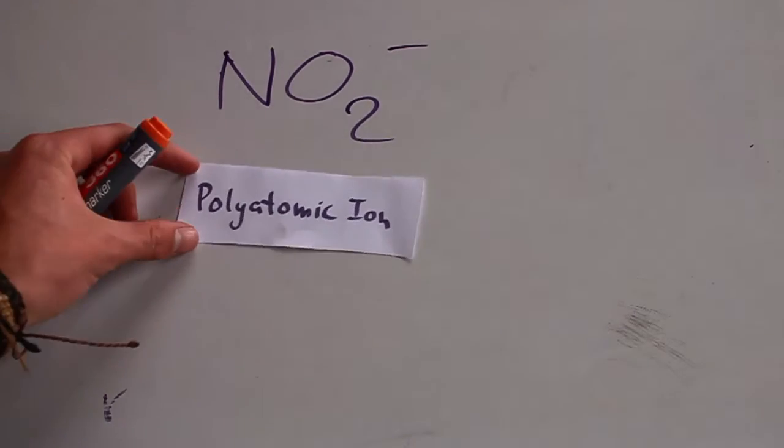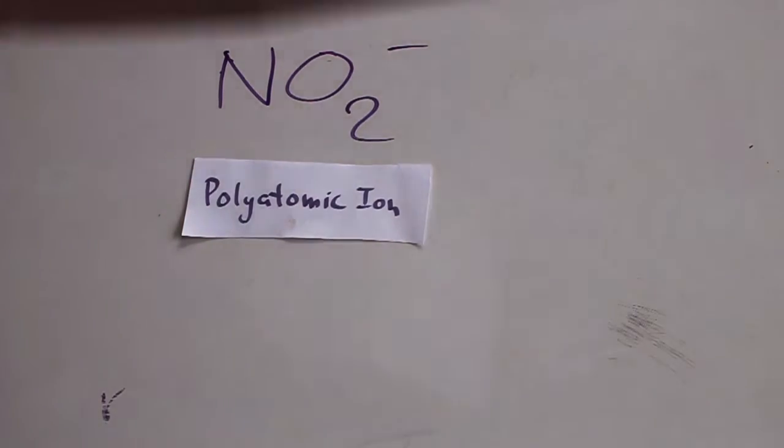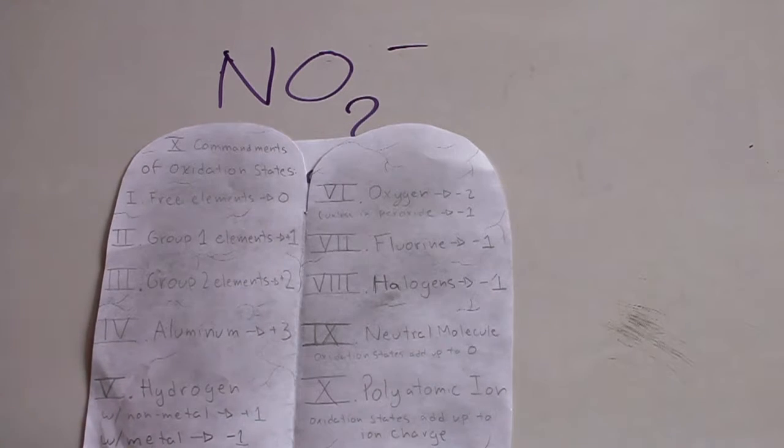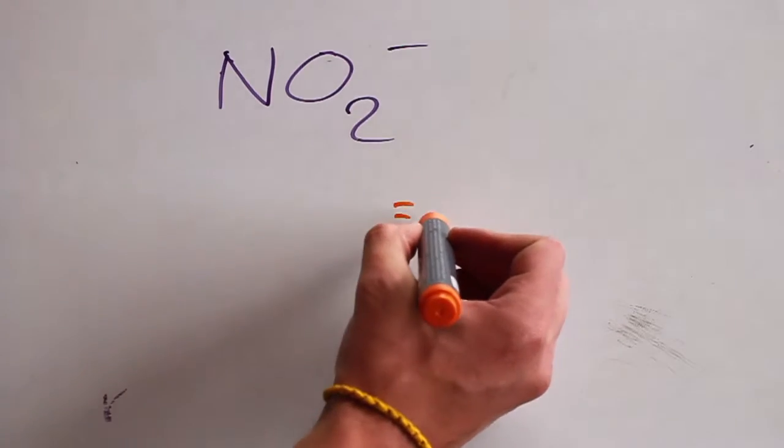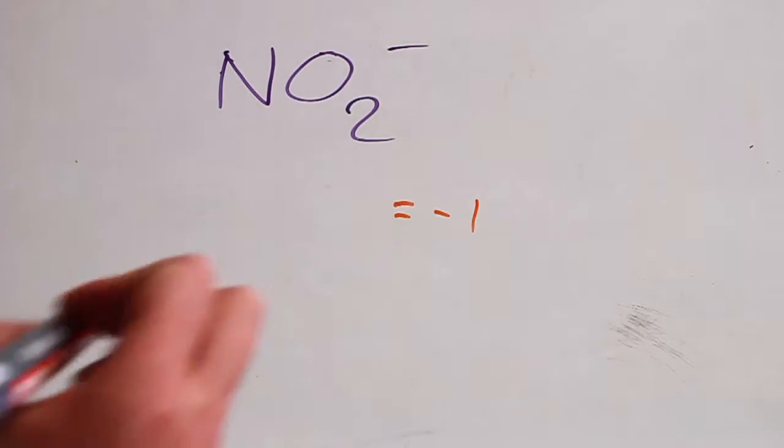Let's look at another example. In this case, we're talking about a polyatomic ion. And according to rule number 10 of the commandments of oxidation states, the oxidation states of a polyatomic ion always add up to its charge. In this case, the charge is -1, so we know it will add up to -1.